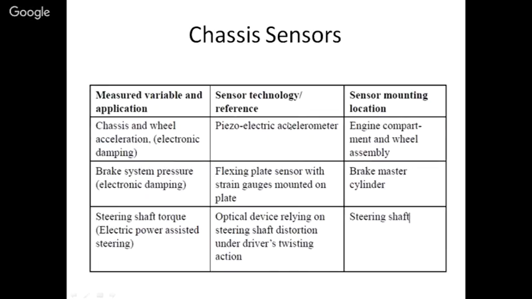In piezoresistive, we have a resistance change by the application of force or pressure. In piezoelectric, we have an output voltage with the application of force or pressure. Then brake system pressure uses strain gauges. Steering shaft torque uses optical devices like some kind of encoders.